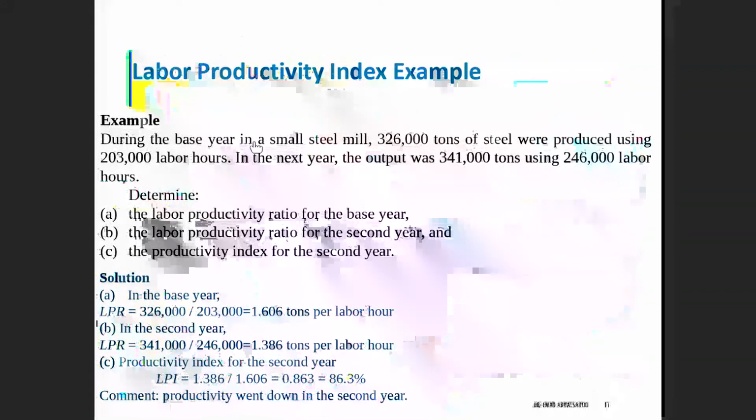In a small steel mill, 326,000 tons of steel were produced using 203,000 labor hours.